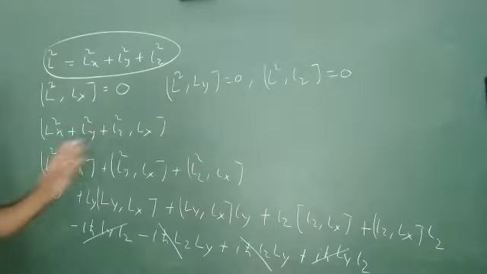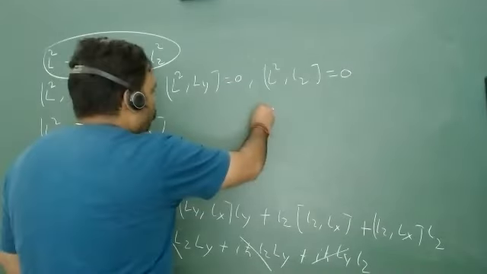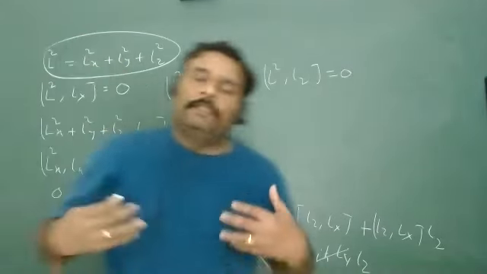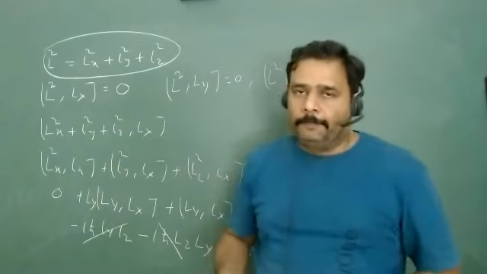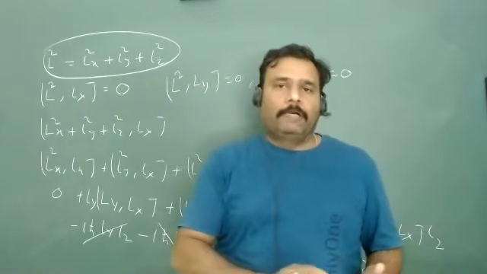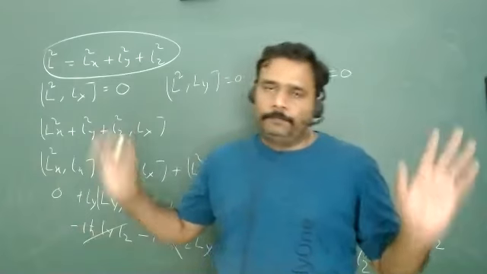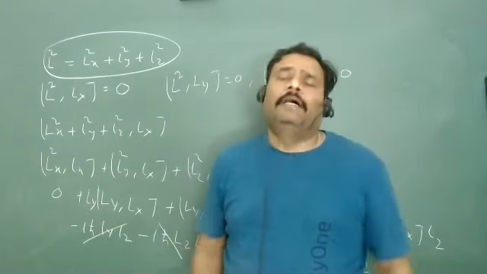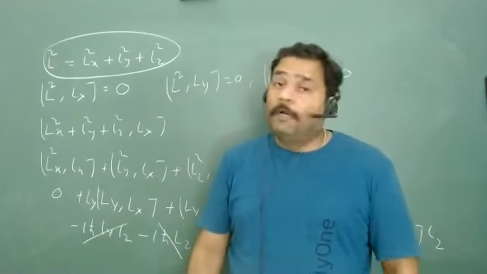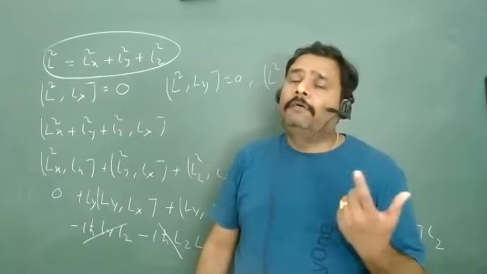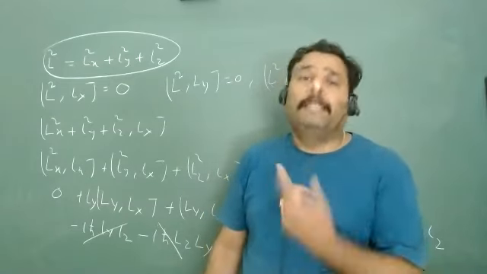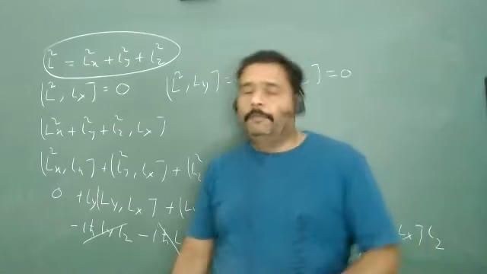So what we will do is figure out the common eigenfunction for L square and Lz. This is our main thing. Obviously you can also figure out the common eigenfunction for L square and Lx, because they are also commuting.